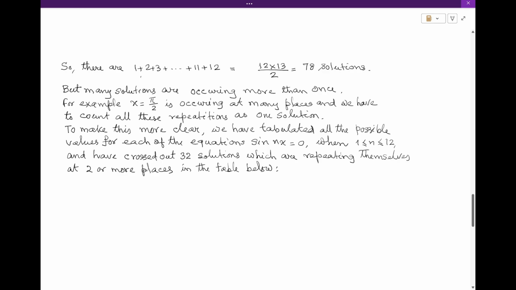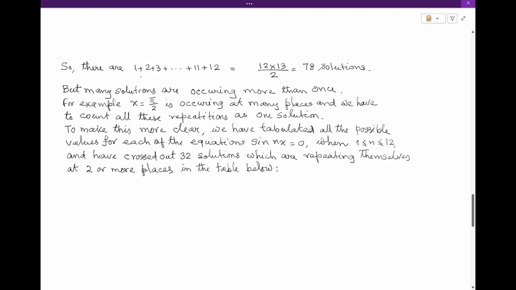However, amongst all these 78 solutions, many solutions are occurring more than once. For example, x is equal to pi by 2 is occurring at many places, and we have to count all these repetitions as only one solution.